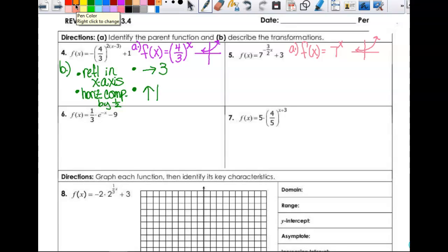Sure about that? Is it 3? Okay, first of all, is the 7 a transformation? No. No, okay. So I have the negative, the 3/2, and the 3. So there's 3. Okay, so the b part, he led you astray. Okay, so we know the 7 is not a transformation. That negative, does it affect x or y? X, which means it's a reflection in y. Very good.